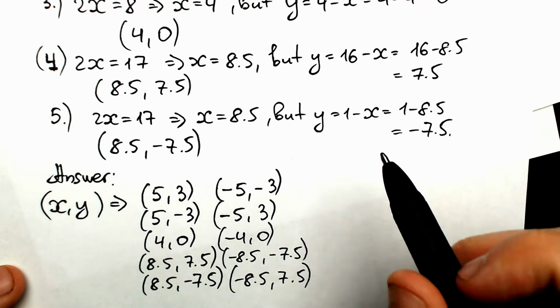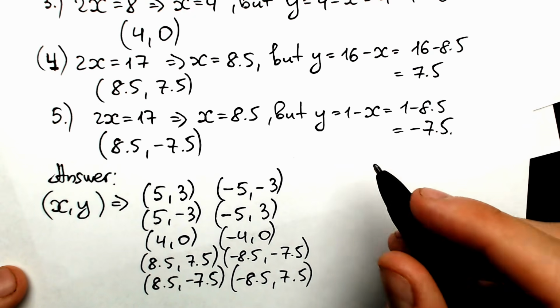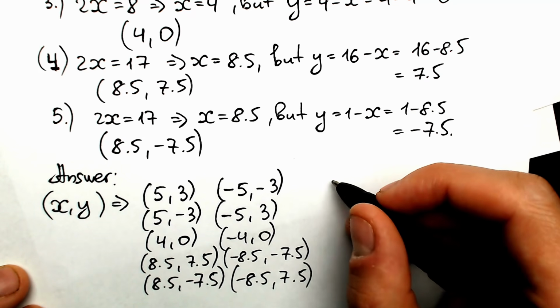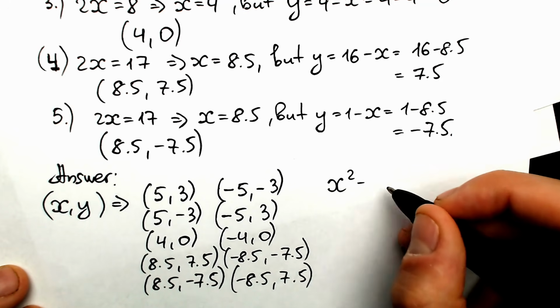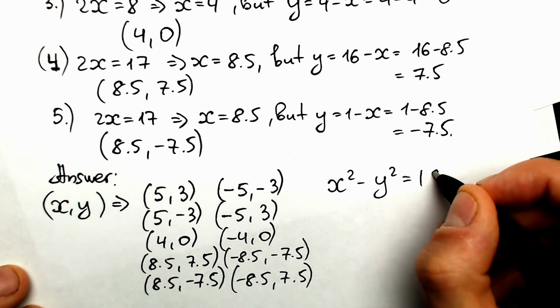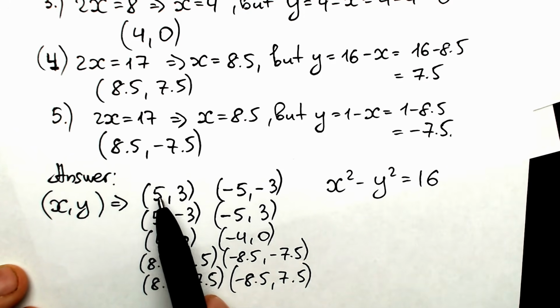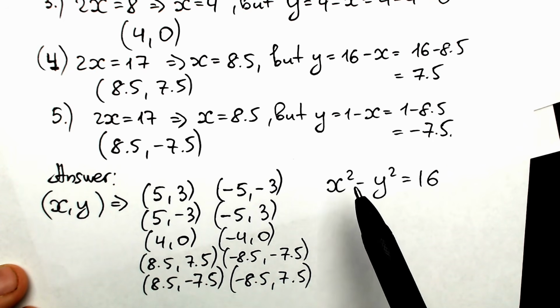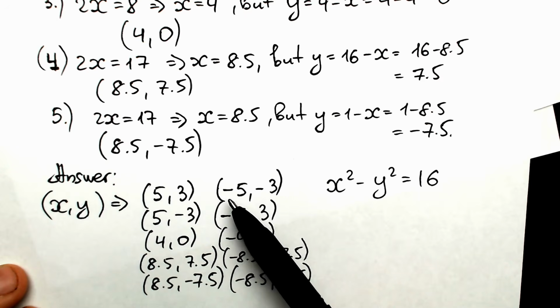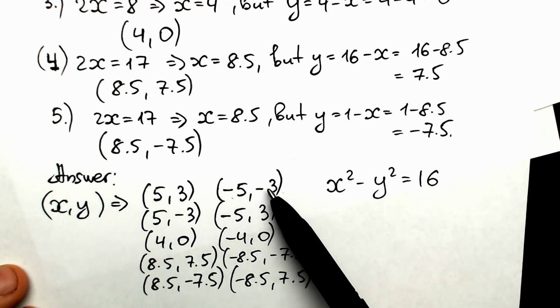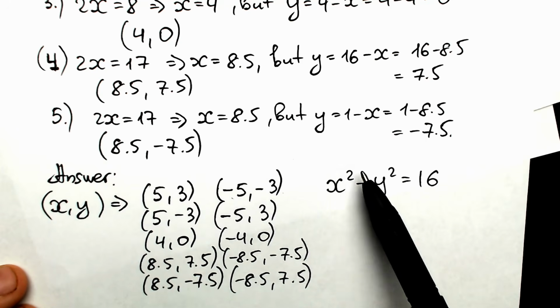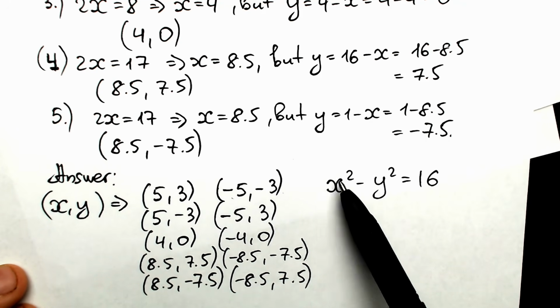And if you have problems with it, you can easily check each of these pairs. We have our equation x squared minus y squared equal to 16. And 5, 3 is okay, because 25 minus 9 is equal to 16. In the same way, if we're talking about negative values, minus 5 and minus 3, this pair is also good for us because we're talking about squares, and it doesn't matter if you have a negative x.